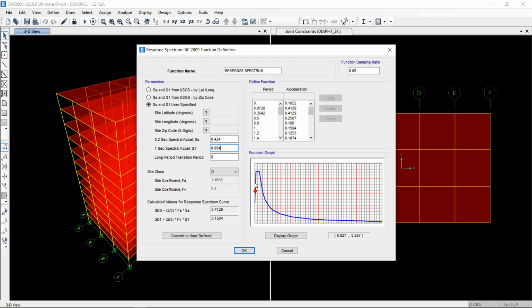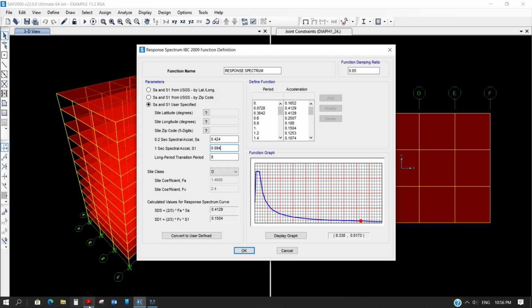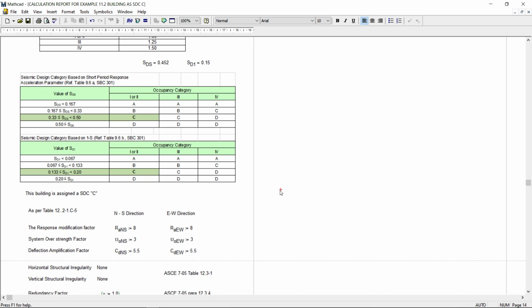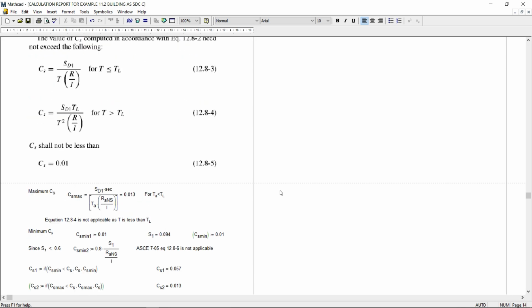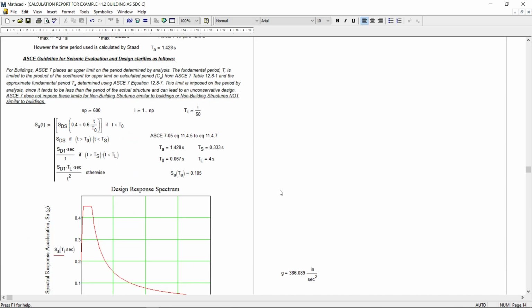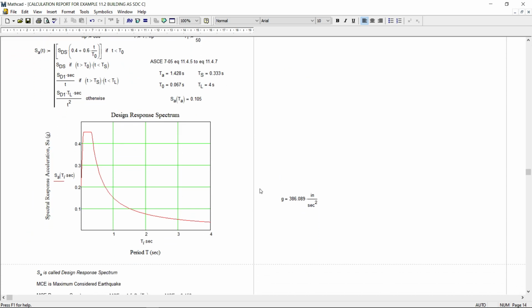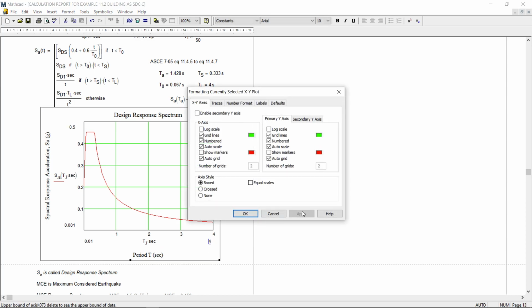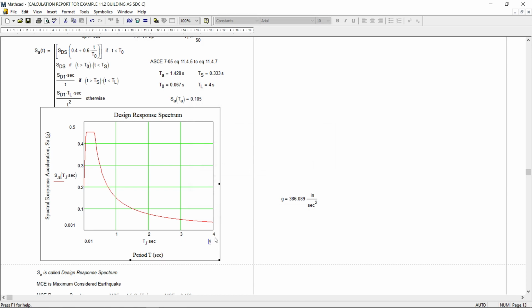And now you can see this mode shape. This mode shape is very similar to the mode shape which we have defined here. Here our abscissa has only 4, we can change it to 8.